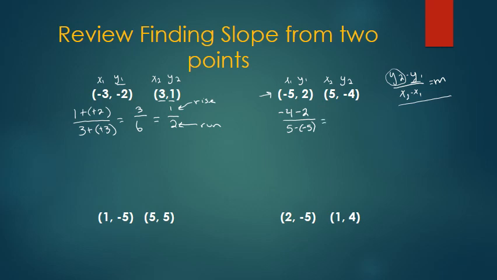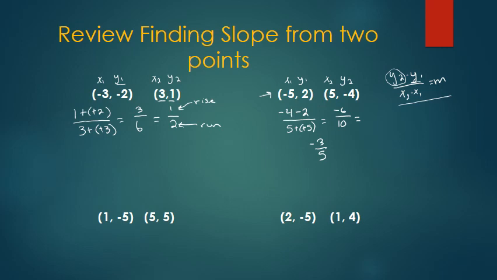Okay, so -4 minus 2 is -6 over, these two negatives become a positive, so -6 over 10. And then again, we need to remember to fully reduce, and we get -3 over 5.